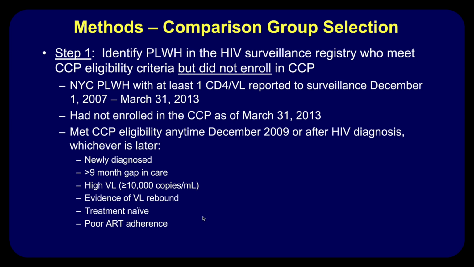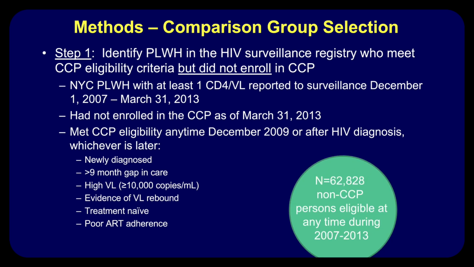So we could identify these enrollment criteria for care coordination, and we could operationalize them in the surveillance data. And so when we applied these criteria, that helped us identify about 63,000 people who never enrolled in the care coordination program, but met these eligibility criteria at any time during the time period.